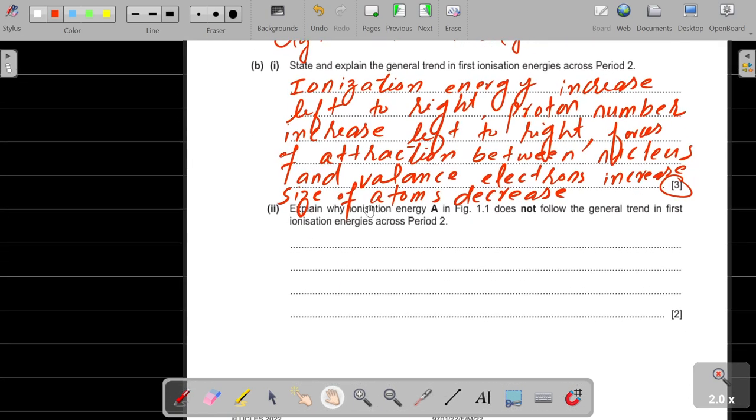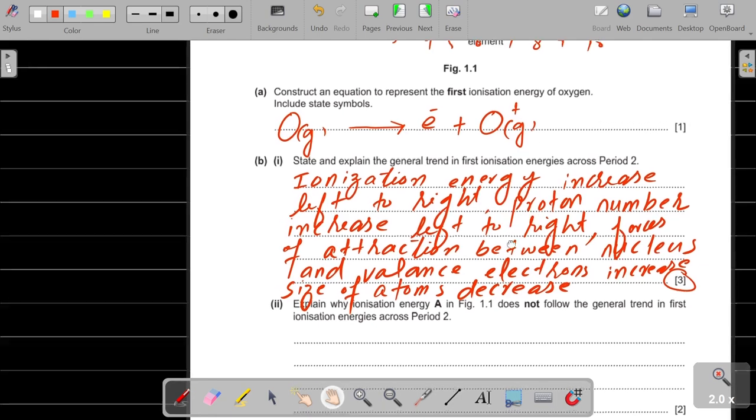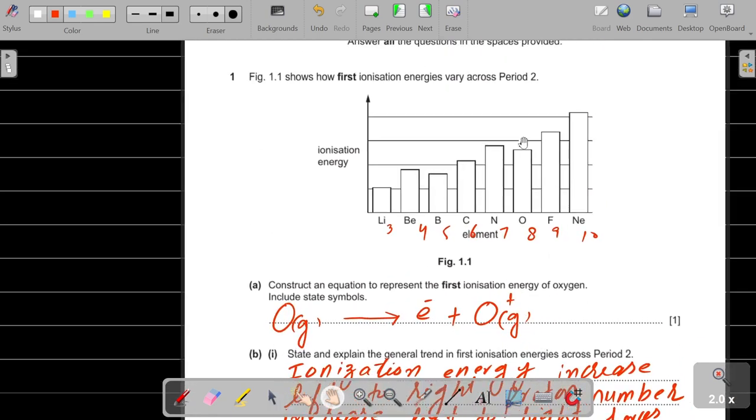Okay, explain why ionization energy A in figure 1.1 doesn't follow the general trend in first ionization energies across period 2. So he is asking about the energy of A, and you can see here we have this A and it is oxygen. If you see the electronic configuration of nitrogen and oxygen, we have this nitrogen.